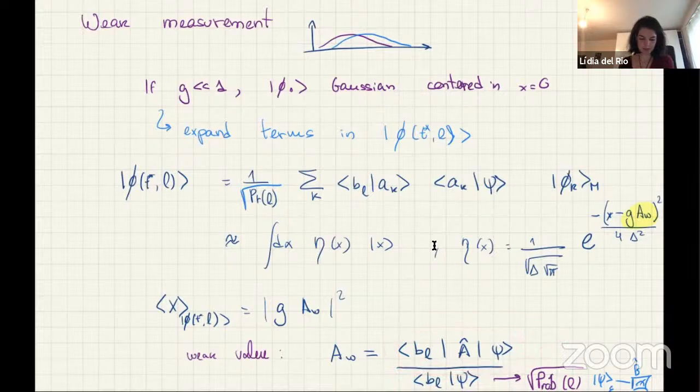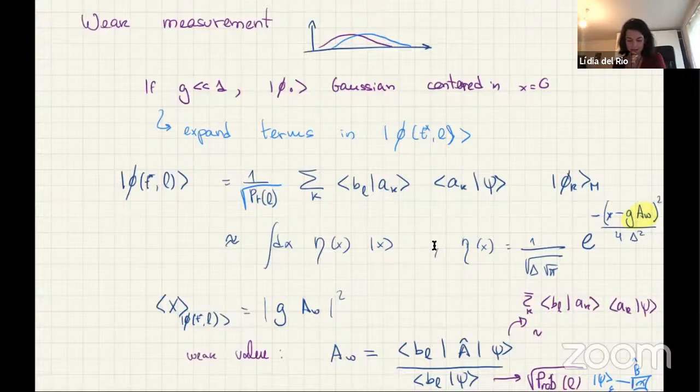So this is this term here. Maybe the best way to write it is BL sum over K, AK, AK, psi. And you can see this as the probability of getting BL given that you perform the measurement in between, right? So this corresponds to this circuit.